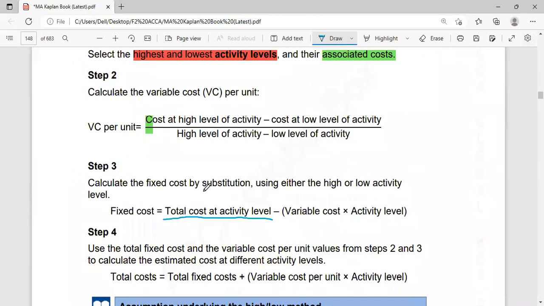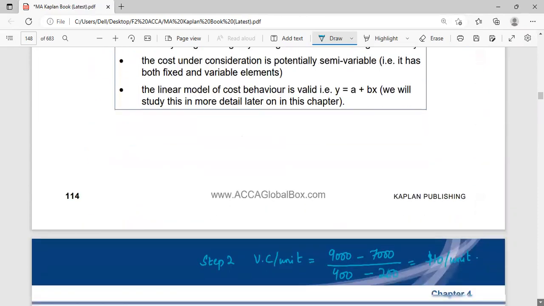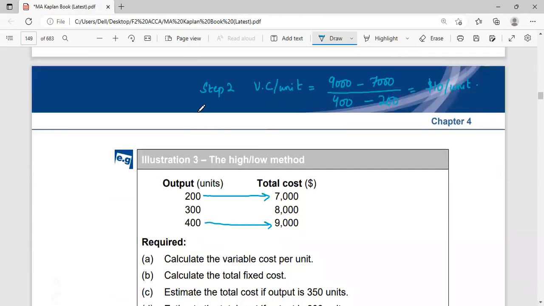Now the step 3 that you were talking about, what is the difference between this and this? Let me explain it to you with an example. When we calculate the fixed cost in step 3, the formula for fixed cost was total cost minus variable cost. And for variable cost, we can open up the formula. The formula for total variable cost is variable cost per unit times number of units.